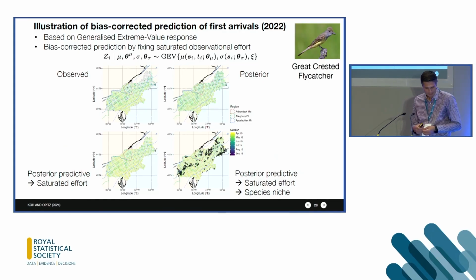You can see that the predicted first arrival dates are typically earlier than the observed ones. And then on the right, in the bottom row, you can see that we have masked some pixels. These are those for which the species presence probability was estimated to be very low, so where we cannot be sure that the species is present in this pixel.